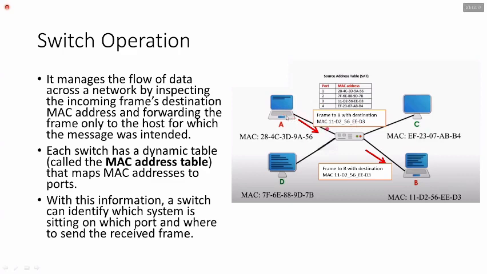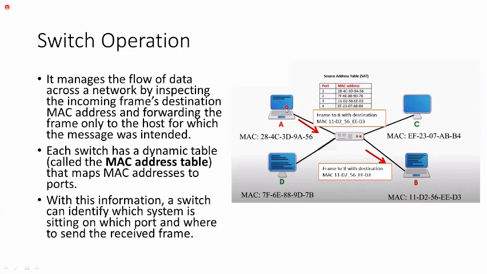So this packet will come to the switch, right? Now the switch will look at its table and try to see which port is connected to this MAC address. It will identify, okay, port 3 is connected to this 11D256 address.